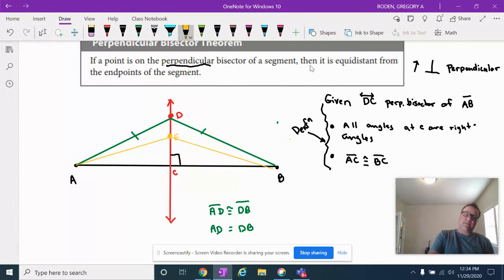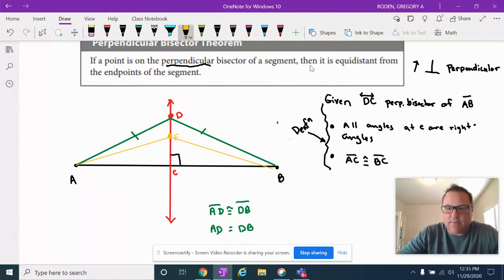I'm saying the two pieces of the green lines are congruent to each other, and the two pieces of the yellow lines are congruent to each other. So I'm not saying that DB is congruent to EB. I'm saying the distance between E and A is always going to be equal to the distance between E and B if these points are on the perpendicular bisector.